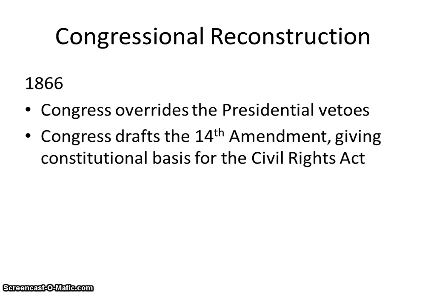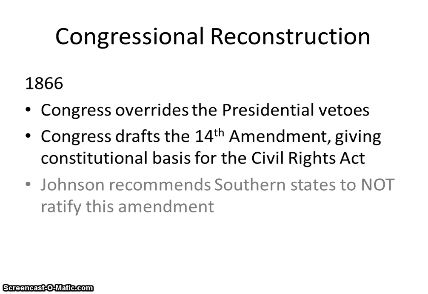And so that means the Constitution is going to be able to back up that act and say that they have to follow this law now because it's in the Constitution. It's not just a law, it's even bigger. It's part of the U.S. Constitution. And Johnson recommends southern states to not ratify this amendment. So he's again going against Congress and fighting against them. And we'll talk a little bit more about what the 14th Amendment does, what it states, in just a couple slides.